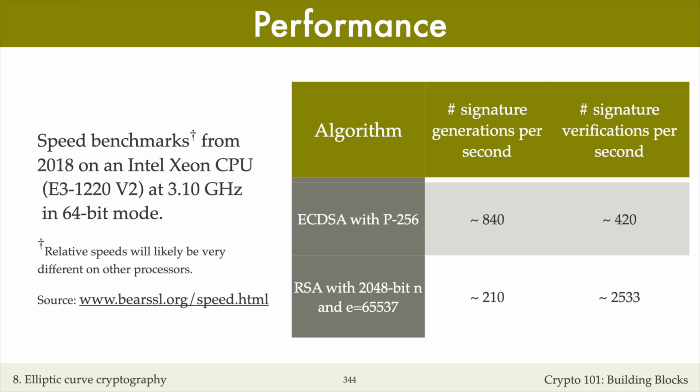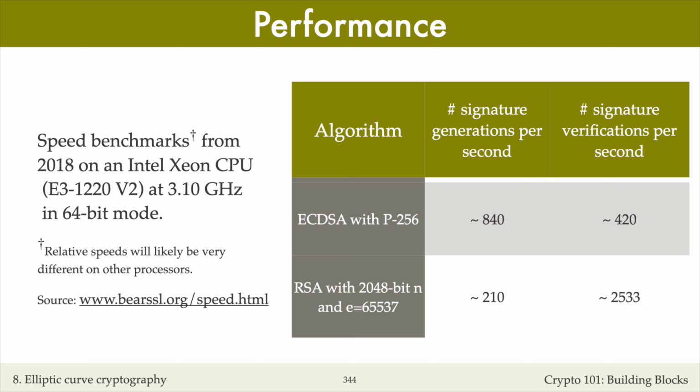Here are some speed benchmarks from a 2018 implementation of ECDSA with P256 and RSA with a 2048-bit modulus n and encryption exponent e equals 2 to the 16 plus 1. As you can see, RSA is faster than ECDSA for signature verification, but slower for signature generation.